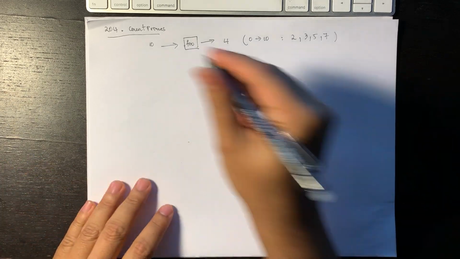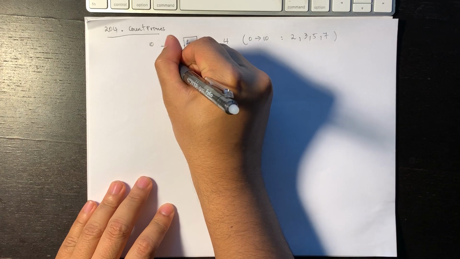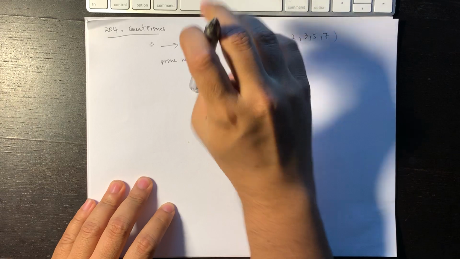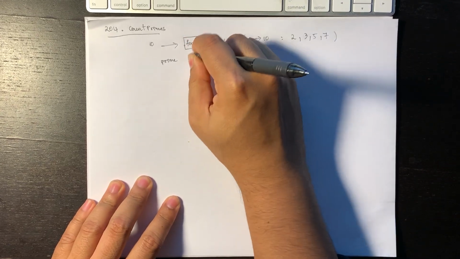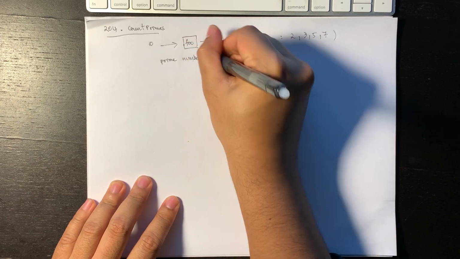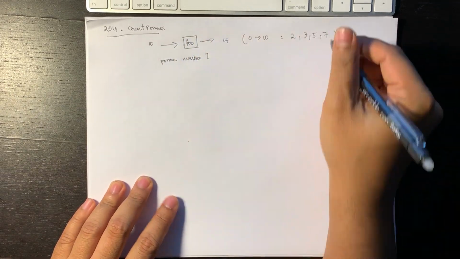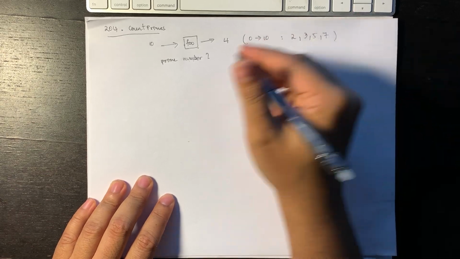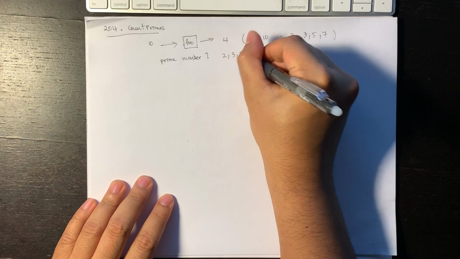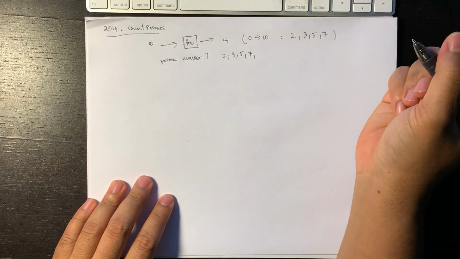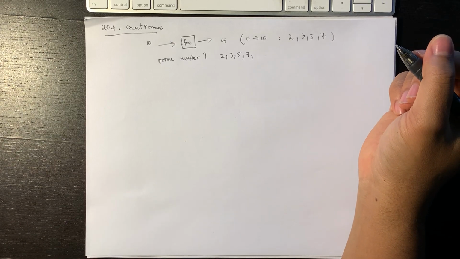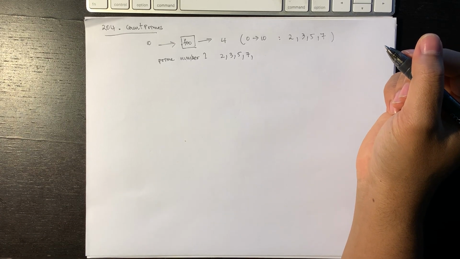So what is a prime number? An example of prime numbers is 2, 3, 5, 7. What is the next prime number?